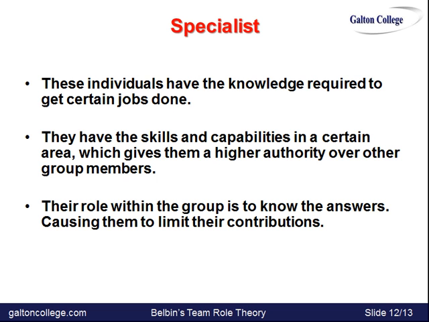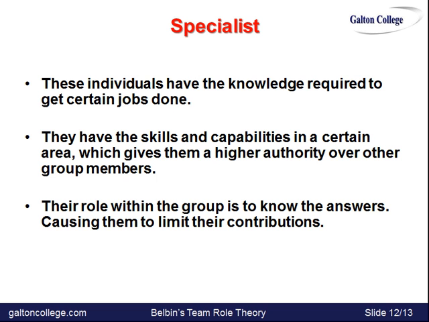Whilst the others are coming up with ideas and proposals, it's good to have a specialist to say, yes, it can be done, or no, technically it can't be done, or it can't be done for financial reasons or engineering reasons or whatever, scientific reasons, whatever it is. So the specialist is an important member of the group.